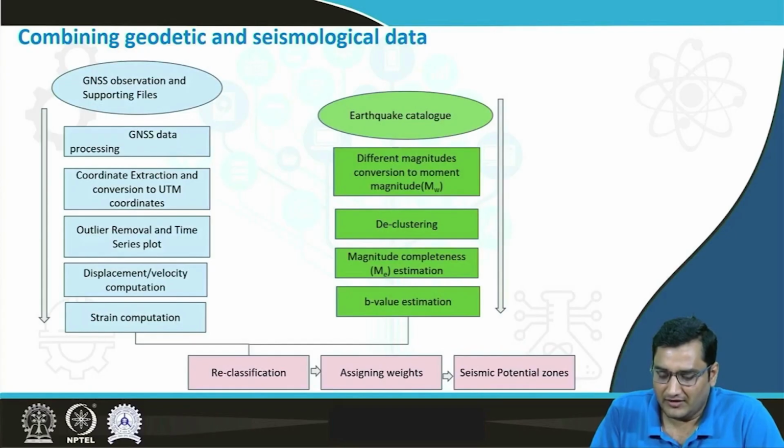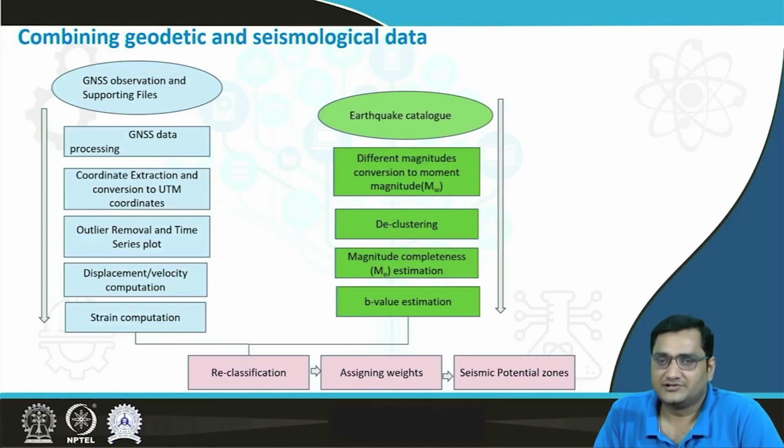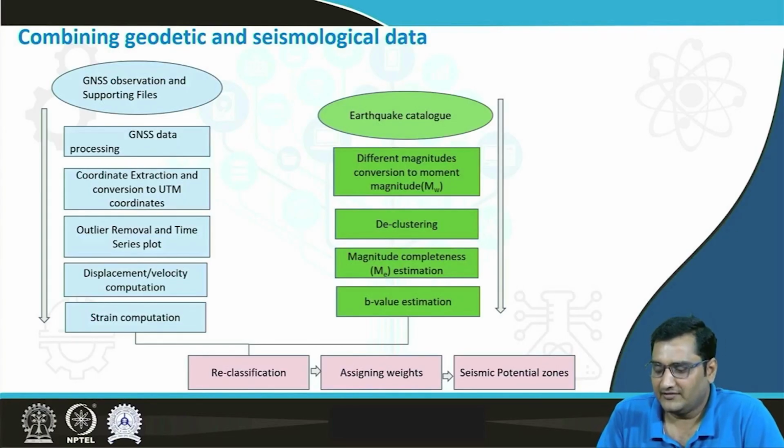Now, if you look at the earthquake catalog data, or you can say the seismic data, and the geodetic data that are taken from the GNSS observations, then you can see what the flow process for the processing of both the data types looks like.